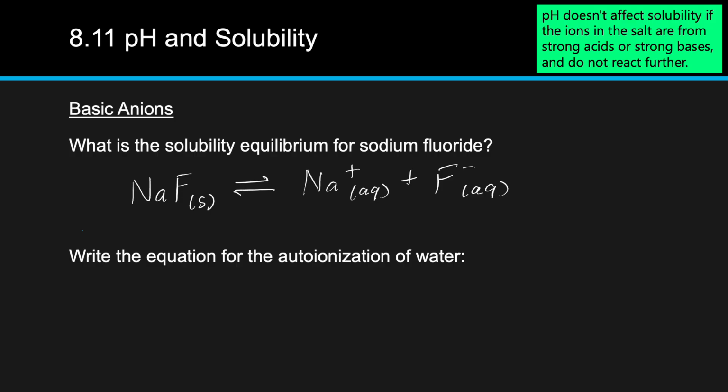Now looking at my two ions, I can see that Na plus can come from a strong base, which is sodium hydroxide. And we know that when we use sodium hydroxide, it's going to fully dissociate into Na plus and OH minus. And we also know that Na plus is typically a spectator ion. And because it's coming from a strong base, we can assume that this is very weak or neutral.